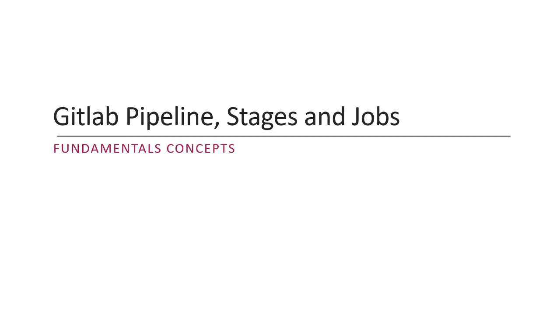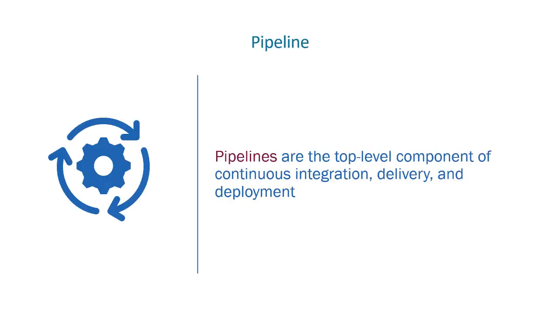So first, let's start by defining what a pipeline is. I'm pretty sure all of you have some idea about what a pipeline is. If you're working as a DevOps engineer or as an architect, most probably you have heard about a pipeline. But for the sake of completion, let's define a pipeline again.